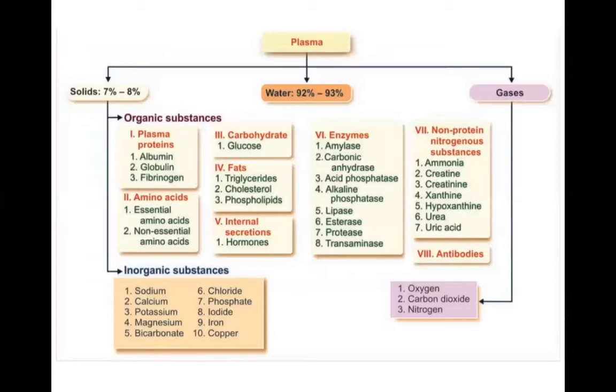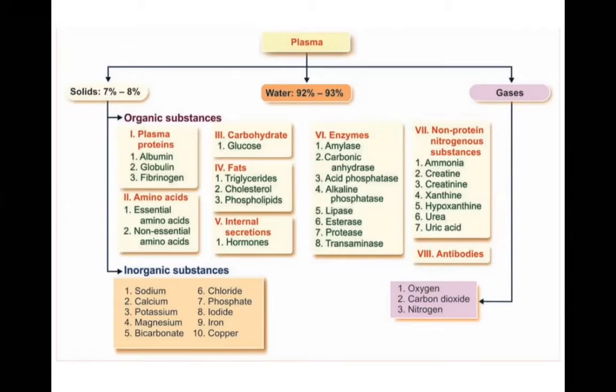So serum comes about after the clotting process has taken place, or the coagulation cascade. So you'll have a look at the components of plasma in these slides. We see the plasma contains solids 7 to 8%. That is the organic substances, plasma proteins like albumin, globulin, fibrinogen, amino acids, essential and non-essential amino acids.